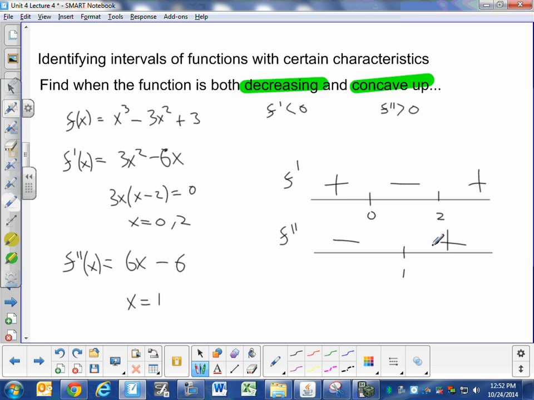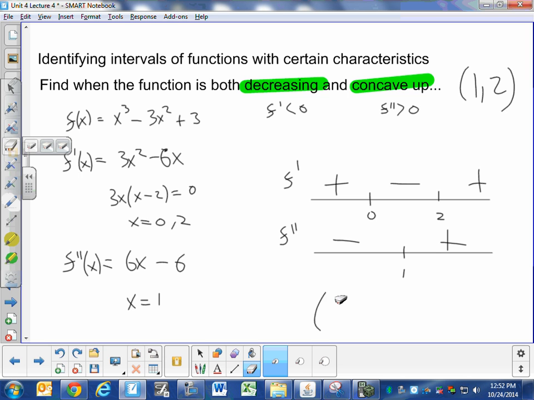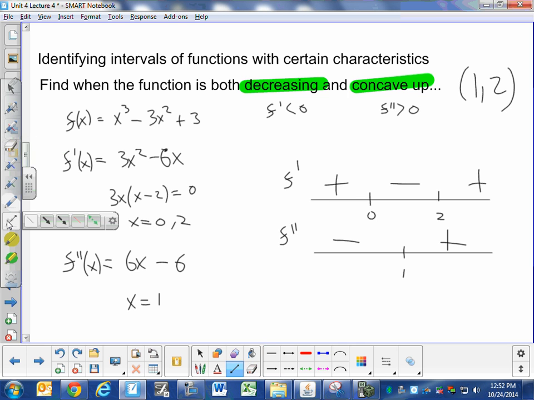Decreasing, concave up between 1 and 2. It's that simple. If I wanted to sketch what this would look like, you could.